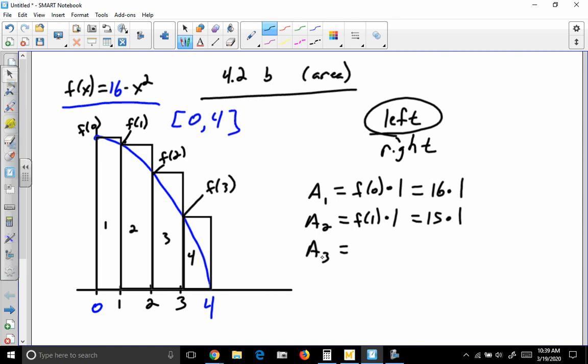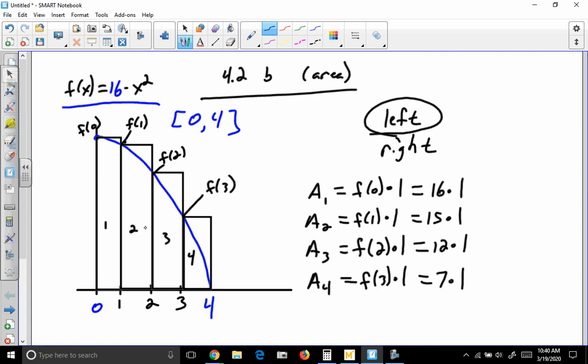For the third rectangle, the height is f of 2, and the width is 1. Plugging a 2 in, we get 12. The area of the fourth rectangle comes from the height, f of 3, times the width. If we put a 3 in, 3 squared is 9, so we get 7 times 1.